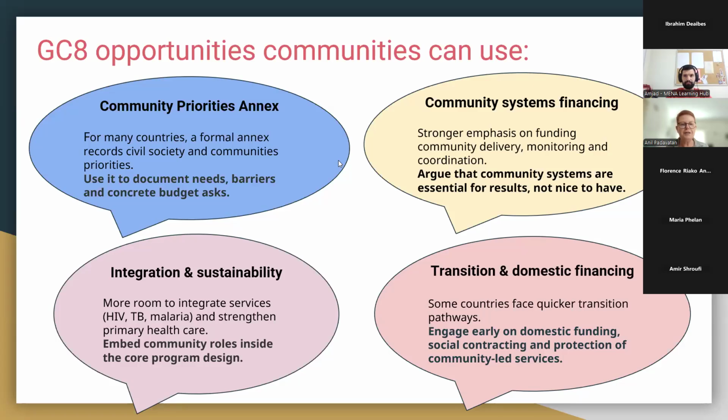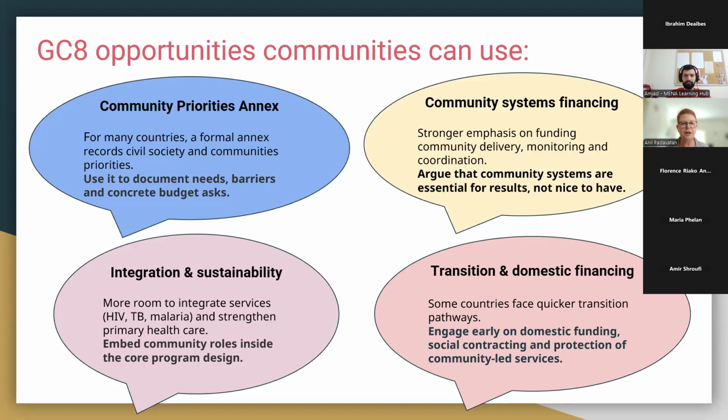There's a lot of emphasis at the moment on social contracting. Social contracting is one pathway for community sustainability. What we know is that in many countries, for social contracting to be implemented, it requires a change in law and policy in the fiscal, legal, and policy frameworks.